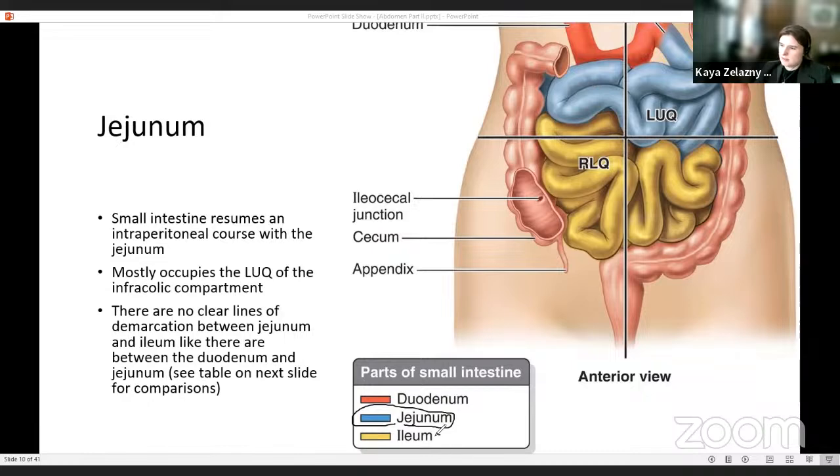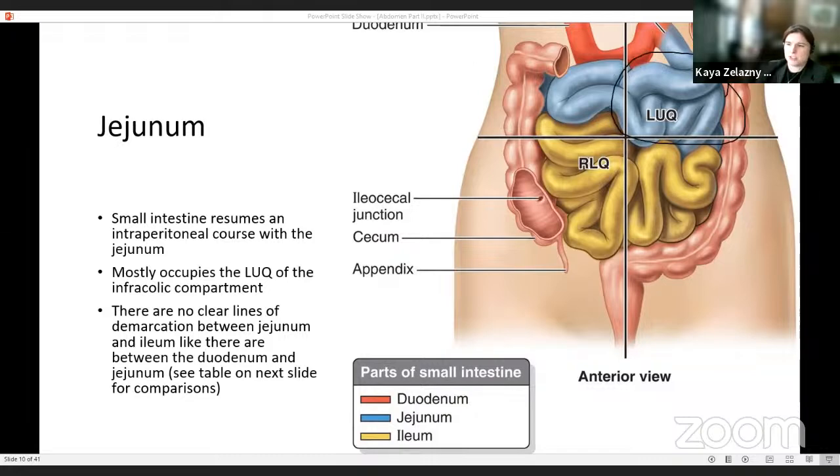And our ileum, the third part of our small intestine, is in yellow. The jejunum is also going to be intraperitoneal, and it's mostly going to be in the left upper quadrant. Most of it is up here in the left upper quadrant, although we can see that there are bits of it projecting into other portions.